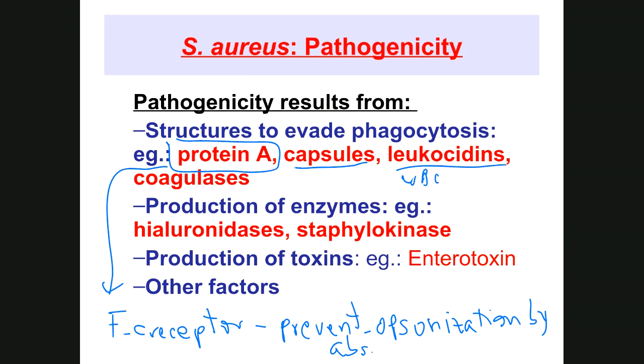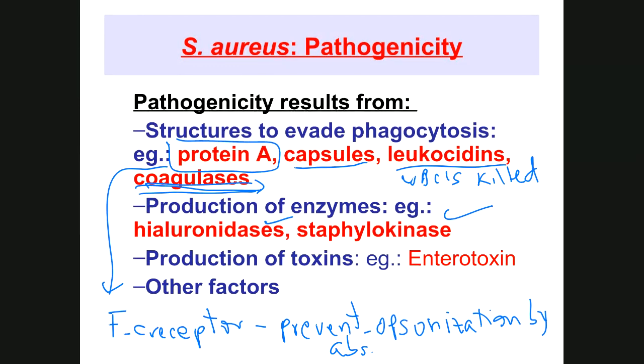Now, another enzyme, which is unique to Staphylococcus aureus, is an enzyme called coagulase. Coagulases are only present in Staph aureus, and I'll mention what coagulases are in just a second. Other enzymes that have been identified in Staph aureus strains are hyaluronidases and staphylokinases.